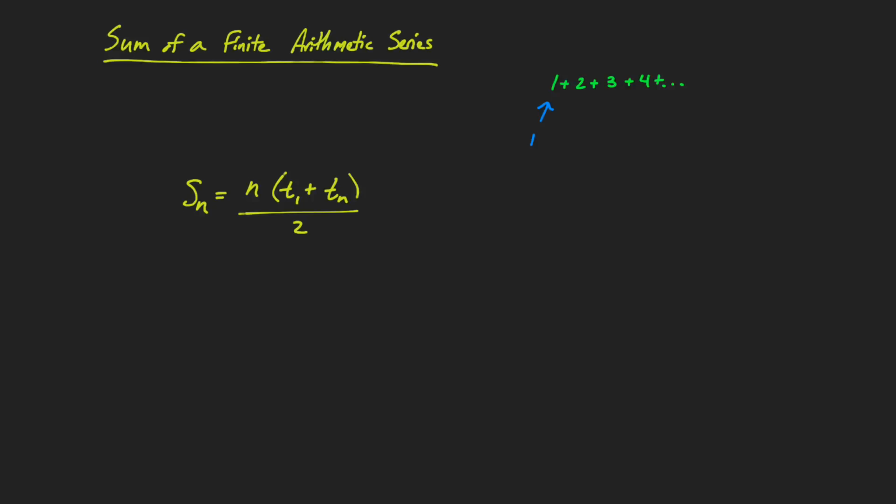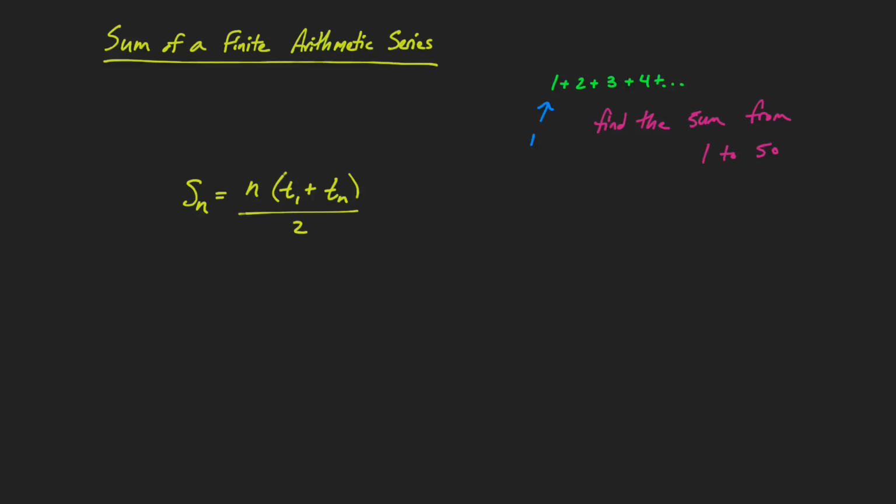In this case, let's say I was trying to find the sum from 1 to 50. So let's type that out. Find the sum from 1 to 50 in this list.